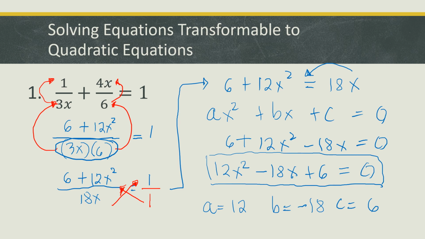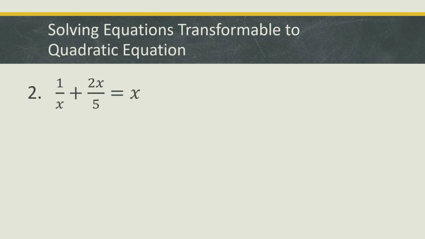Another example. Number 2: 1 over x plus 2x over 5 equals x. The same thing that we will do, just like what we did in the first example, get first the LCD, x times 5.